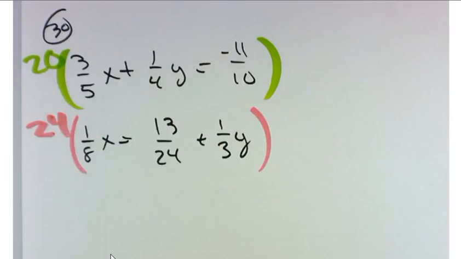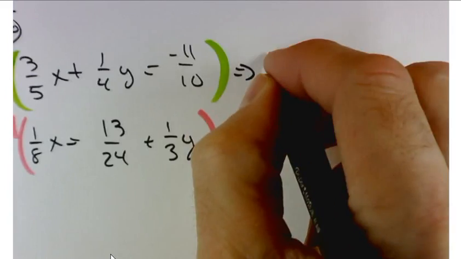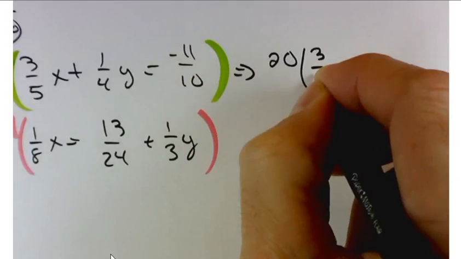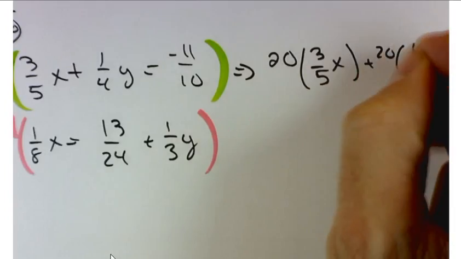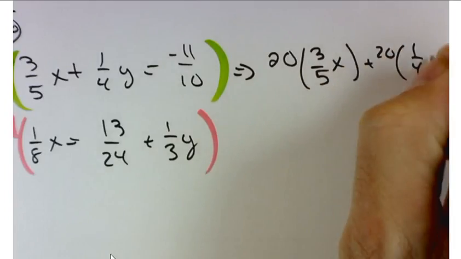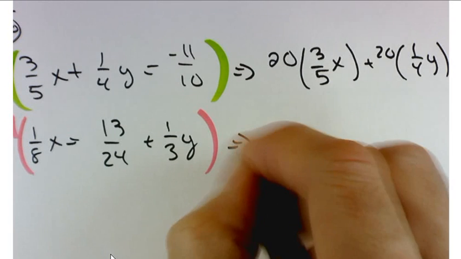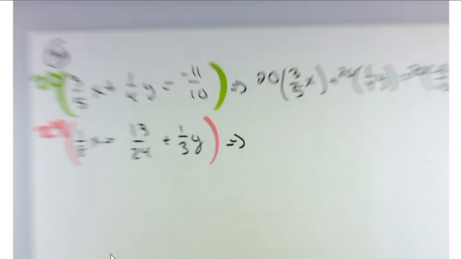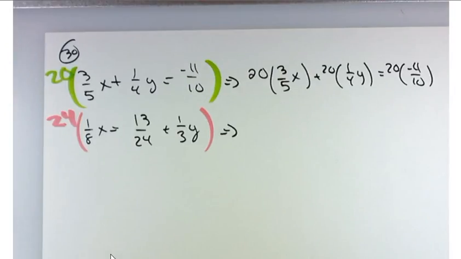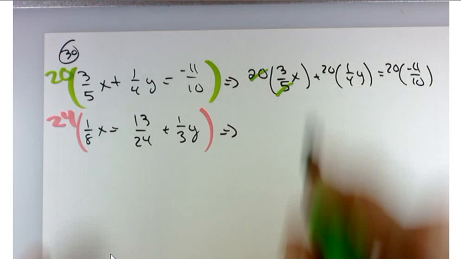So I'll have 20 times 3/5 x plus 20 times 1/4 y equals 20 times negative 11 tenths. You can and should do the cancellation here. The cancellation looks like this. 5 goes into 20 4 times. 4 times 3 is 12.